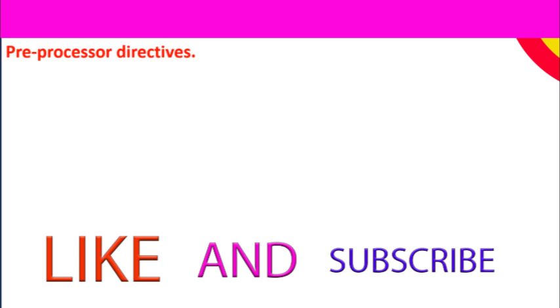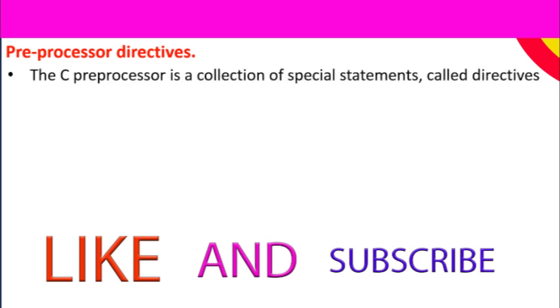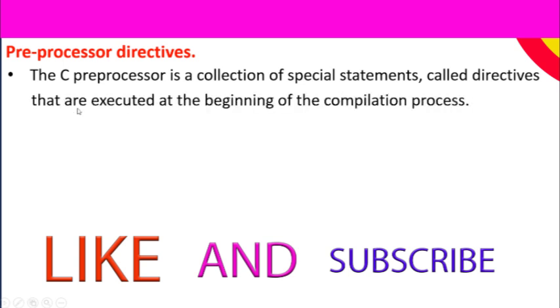What are preprocessor directives? The preprocessor is a collection of special statements called directives that are executed at the beginning of the compilation process. Now, at times these terms may stand in your way, failing to get something very important.